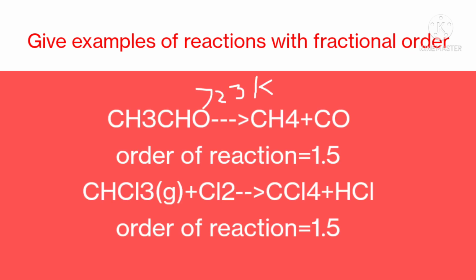CH3CHO at 723 Kelvin gives CH4 plus CO, order of reaction is 1.5. CHCl3 plus Cl2 gives CCl4 plus HCl, order of reaction is 1.5. These are fractional orders of reaction.